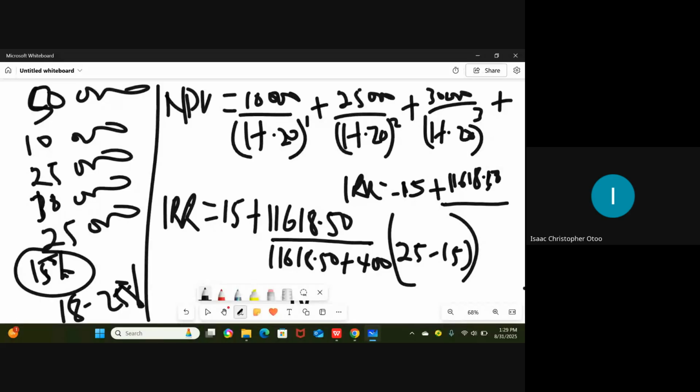So it's still going to be 15 plus. Do the multiplication and division first: 11,618.5 divided by the down one. Then multiply by the difference, which is 10. Multiply by 10.